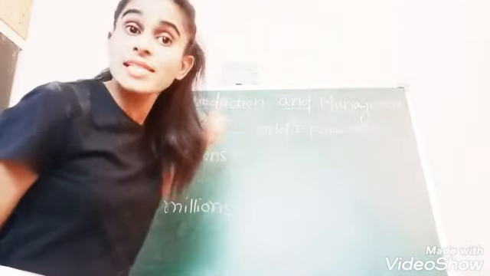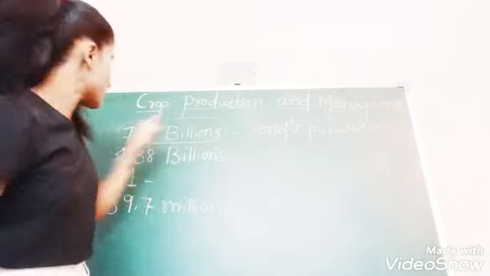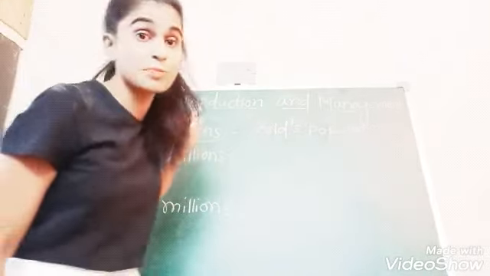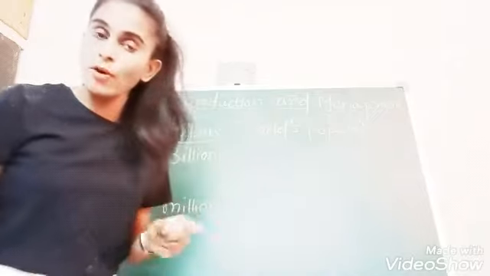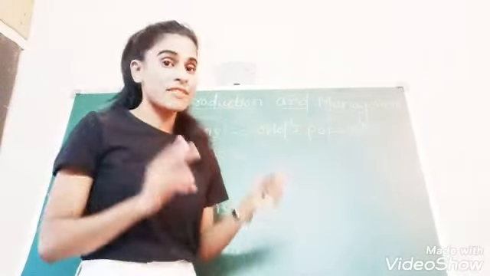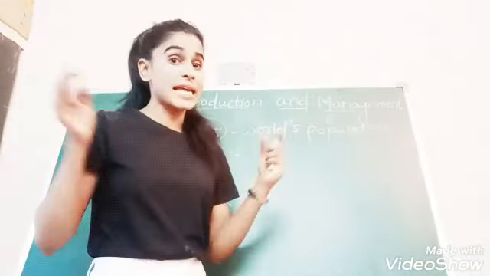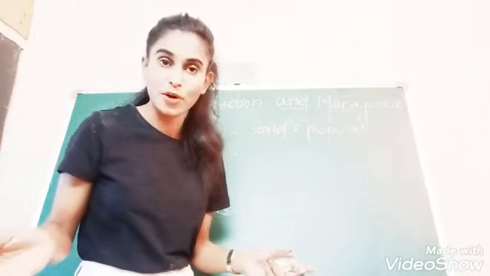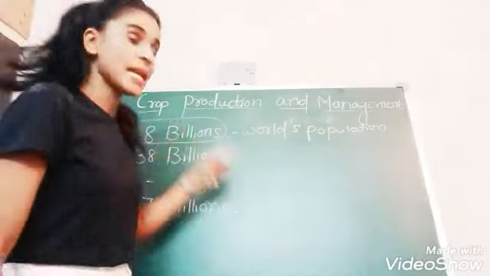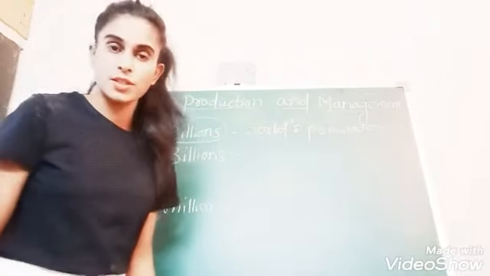What does it represent? It represents the total world's population, that is 7.8 billions. But anyhow, it's not an exact number. Counting is going on. So 7.8 billion plus counting, because every single day a number of babies are born. Yes, that is the world's population.